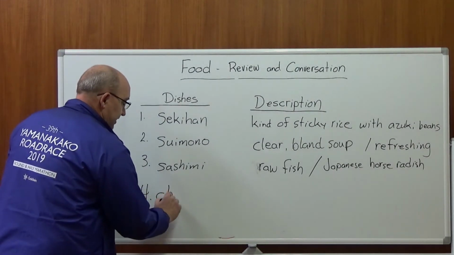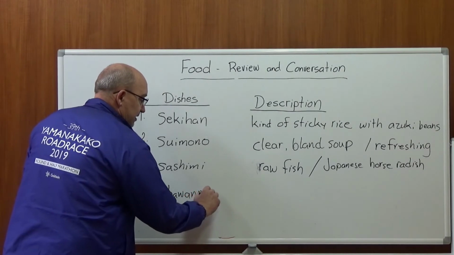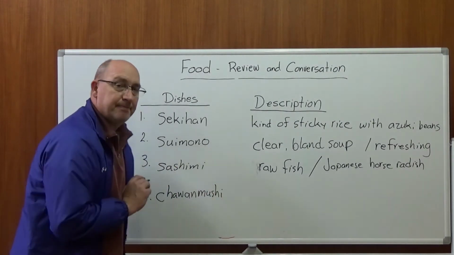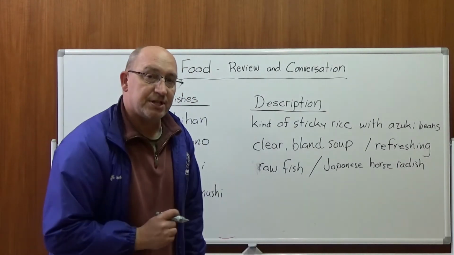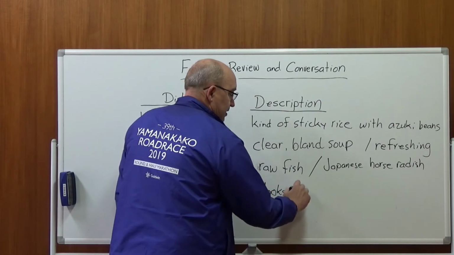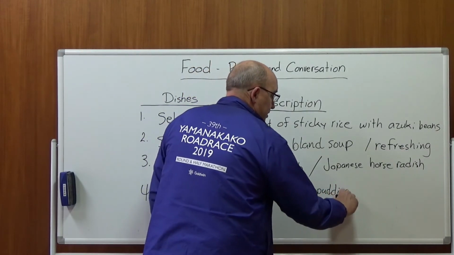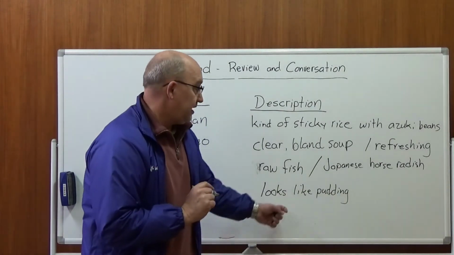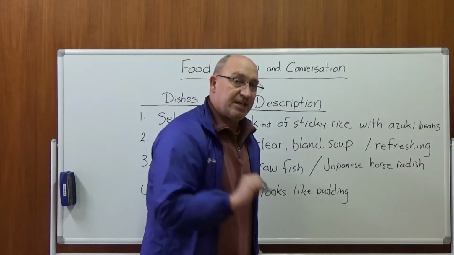Now, the final dish, could you catch that? Final dish, I said, okay, chawanmushi. And to describe this, I talked about the looks, because I said it looks like pudding. Of course, it's not pudding, it just looks like pudding. And then I talked about the taste.